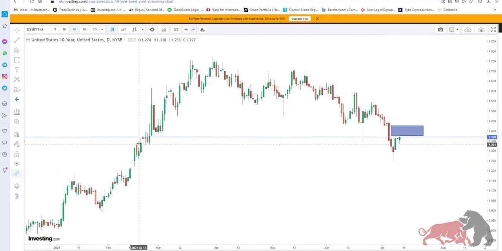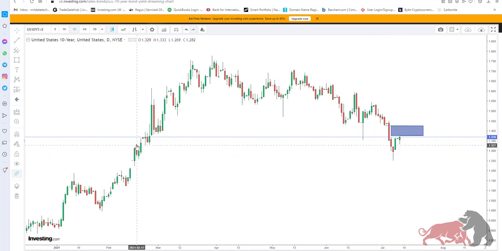If we look on the chart, you can see here this down close candle here. Remember, when market is in a bullish momentum, expect down candles to provide support. So we're expecting the 10-year yields to at least recover some of these losses that it incurred last week. But once this gap is filled, now it will face a bit of resistance.